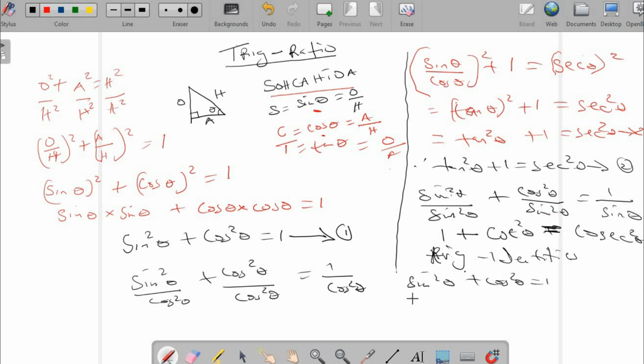Second, tan squared theta plus 1 is equal to sec squared theta. The third identity is 1 plus cot squared theta is equal to cosec squared theta. These are the 3 identities of trigonometry ratio. In our next class we are going to be proving. Thank you.